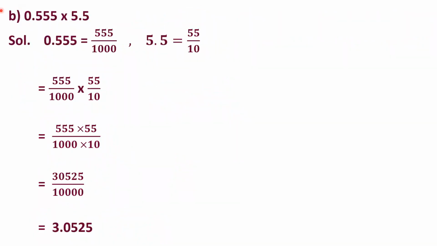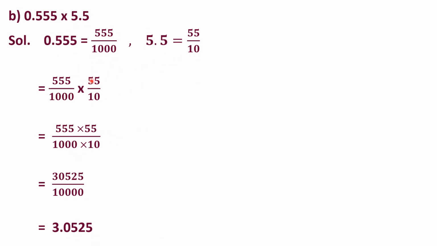Again the same thing we have done here, 0.555 into 5.5. We have again converted both the numbers into fraction, that is 0.555 can be written in fraction as 555 divided by 1000 and 5.5 can be written as 55 by 10. Now both the fractions we will multiply together.